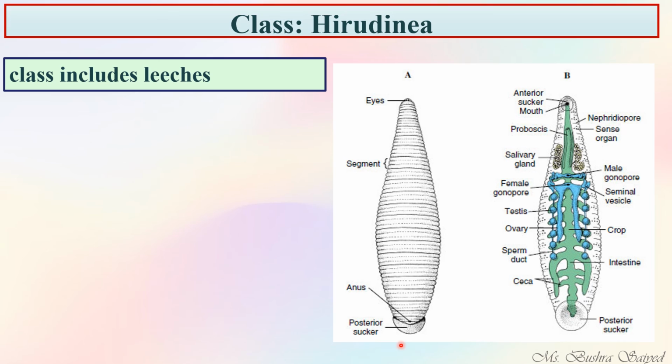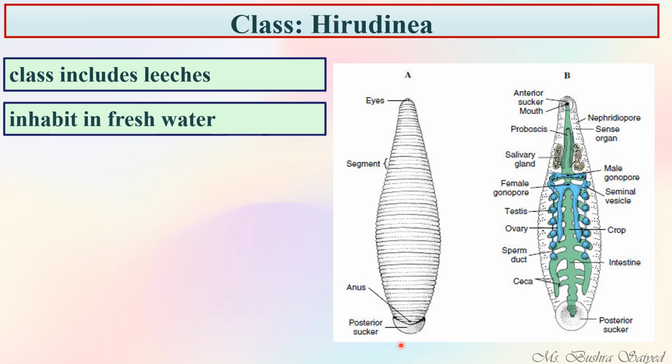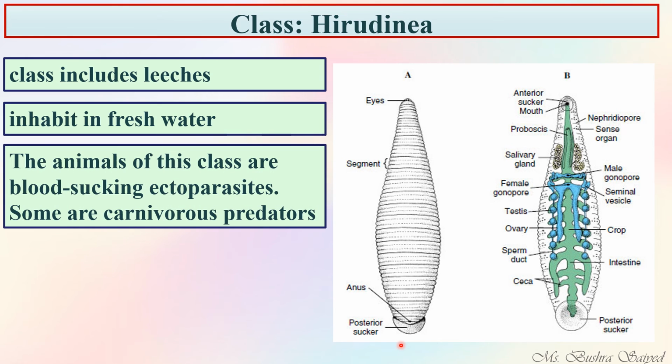They are black colored segmented small organisms which are usually found in the village region or forest region. They inhabit fresh water. The animals of this class are blood sucking ectoparasites because they suck the blood from the surface of the body. That is why they are ectoparasites.